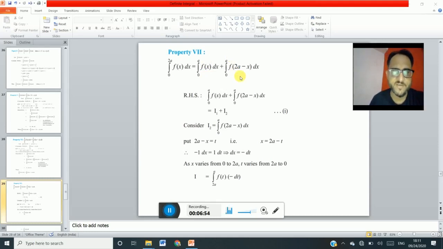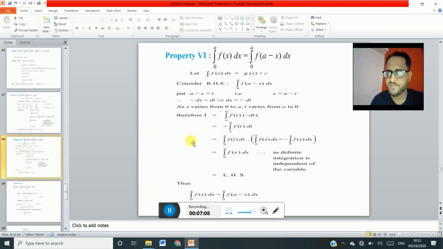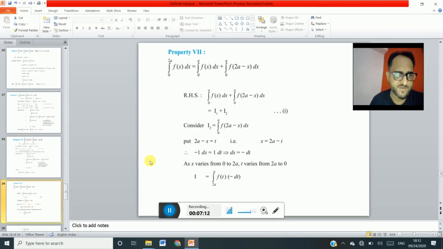This is property number 7. Actually the numbering is a mistake in the textbook, so try to understand. This is number 6 actually, but that property is completed, right? And this is property number 7.